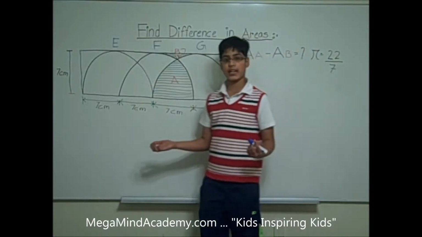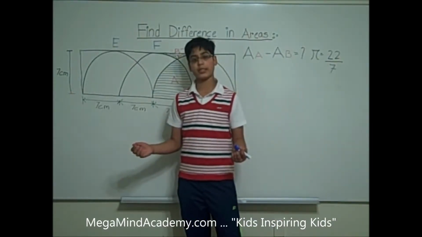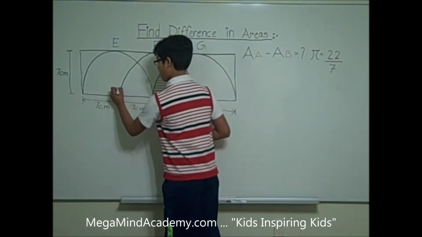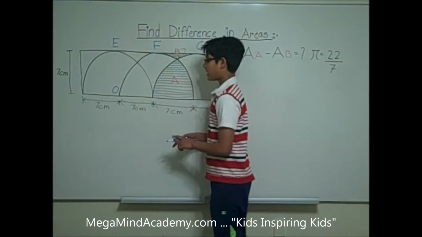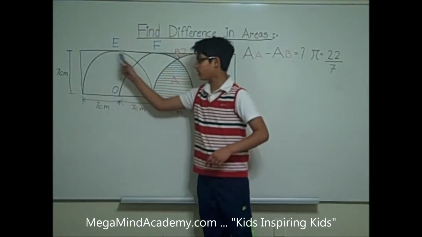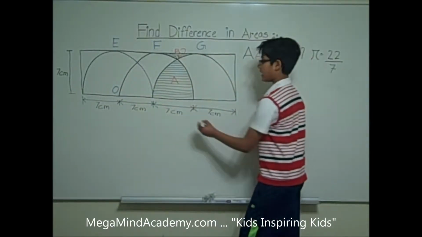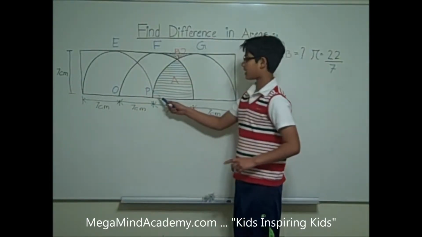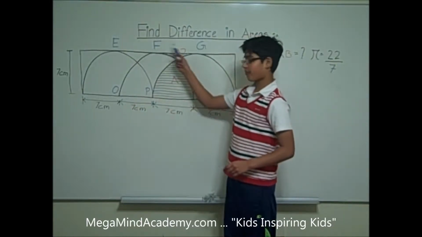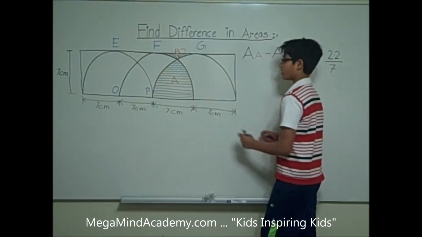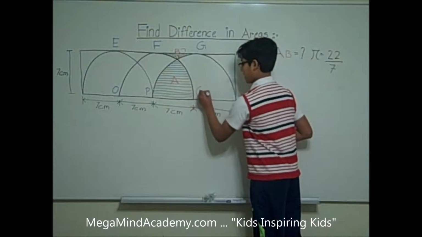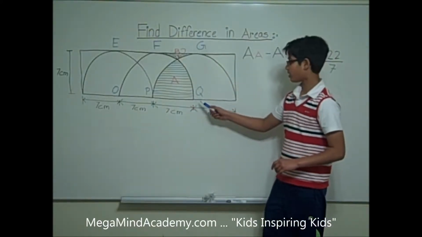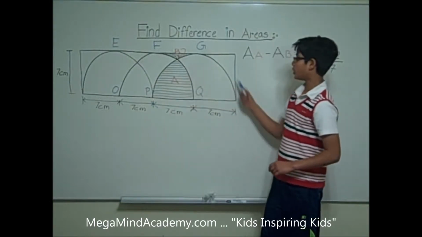Let's name these centers as centers O, P, and Q. This is center O. Center O is the center of semicircle E. This is center P. Center P is the center of semicircle F. And this is center Q. Center Q is the center of semicircle G.